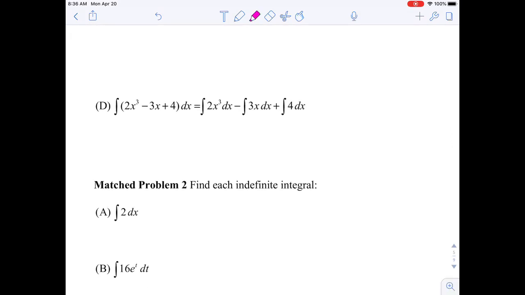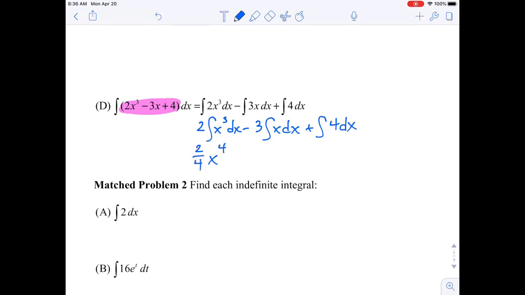If you have a polynomial, again, you can split that up. So this one we have to finish. So this is 2 times the integral of x to the third dx minus 3 integral of x dx plus the integral of 4 dx. So x to the third is x to the fourth, add 1, and then I have to divide by that.